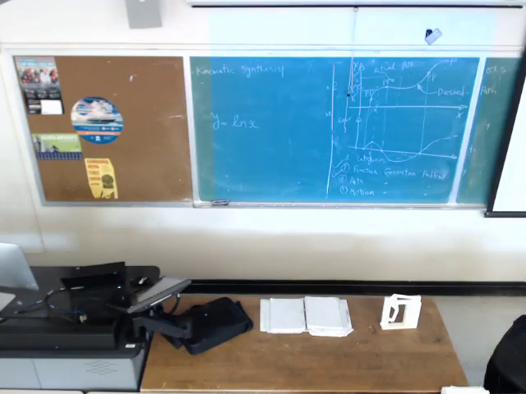So for that reason, I need to have the location of one point and the orientation of one line on that rigid body. So here I have conveyor 1, conveyor 2. The box is coming, and this mechanism should be designed such that it can pick up the box from here. It should move it to this position, and it's going to rotate it by 90 degrees, from this position to this position.